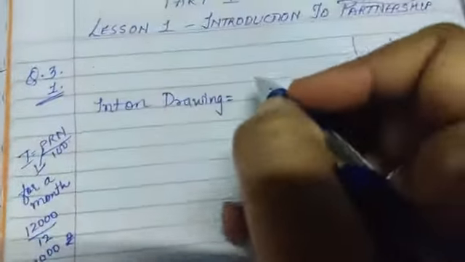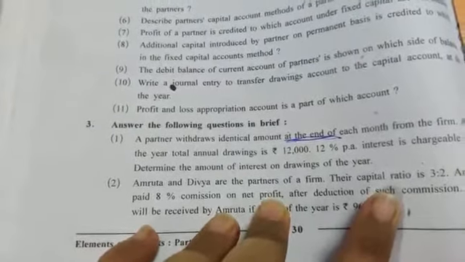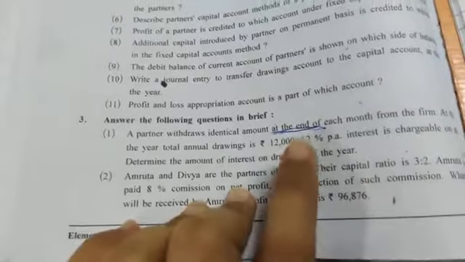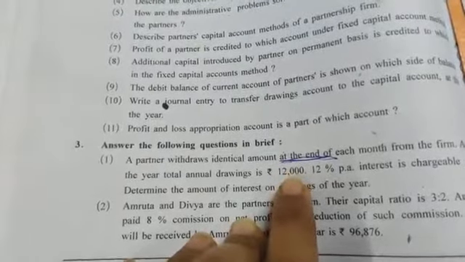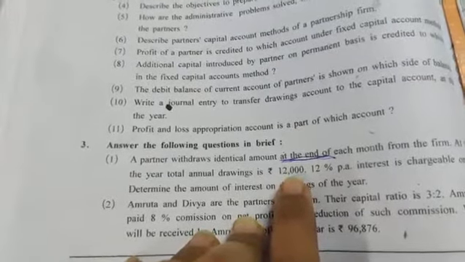Clear? So first we will be taking here 1000, and always remember, also in objective sums, plus whenever you are doing a final account sum, in that also sometimes they ask to calculate the amount of interest on drawing. So whenever that adjustment is there related to end, beginning or middle, you are not supposed to take into consideration the yearly amount, but you will be taking the monthly amount as the principal amount.